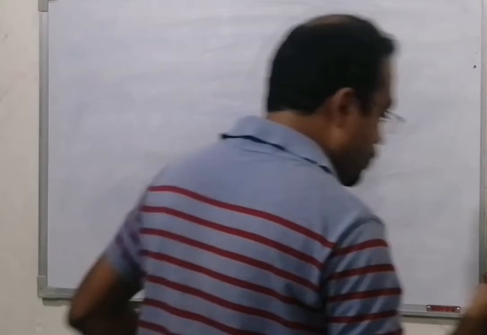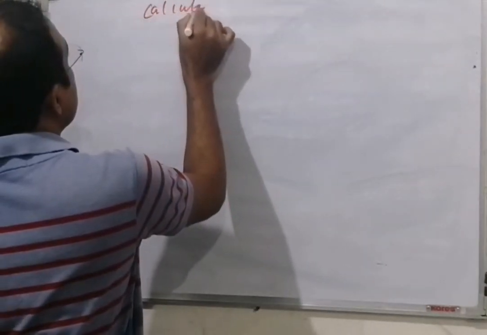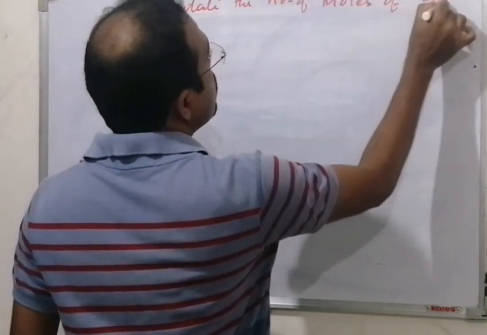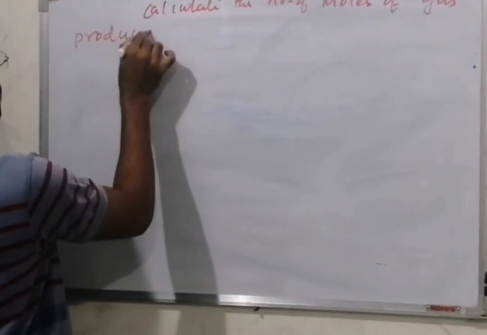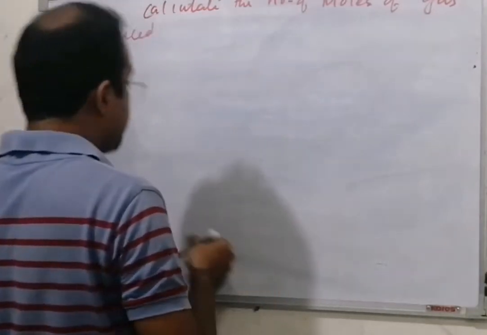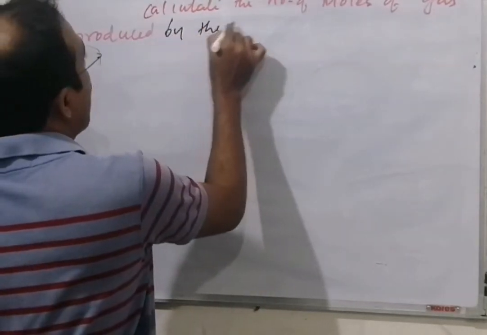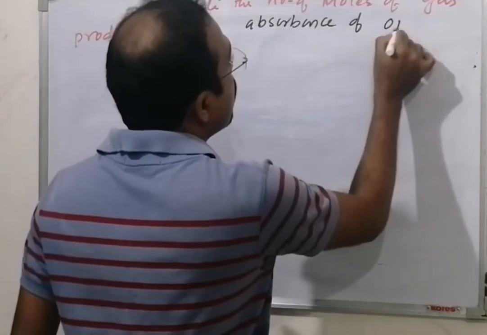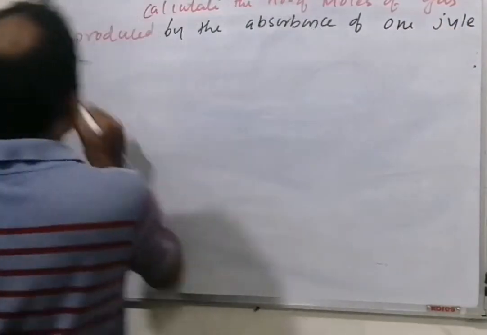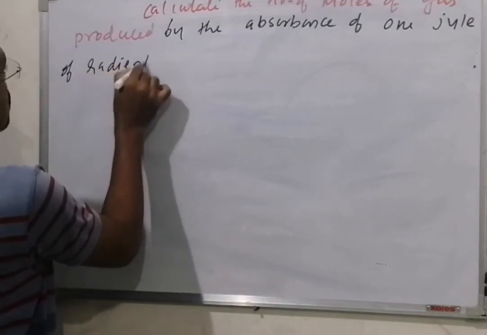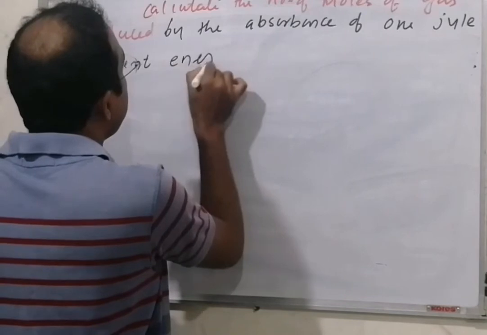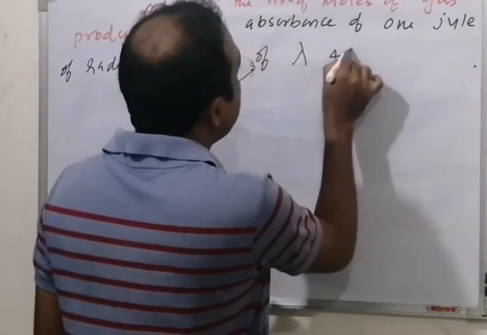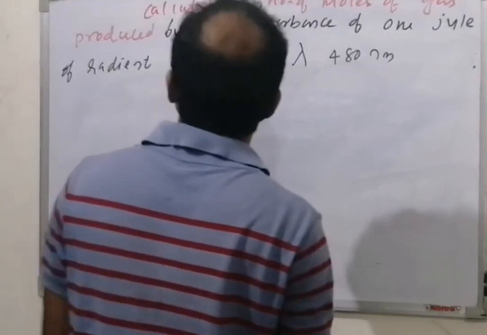Calculate the number of moles of gas produced by the absorbance of 1 joule of radiant energy of wavelength 480 nanometer. Number of moles of gas produced.